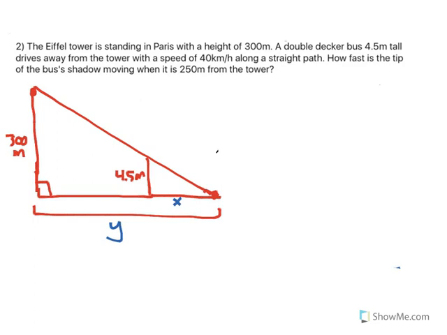So both x, he's driving away from the tower, so x is clearly changing, as is y. As he gets further out, his shadow is going to change, right? So anything that's changing, try and label that with a variable.